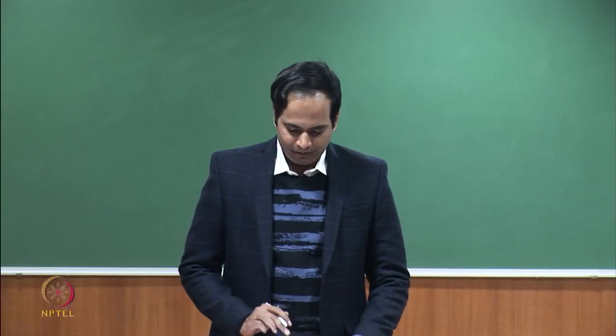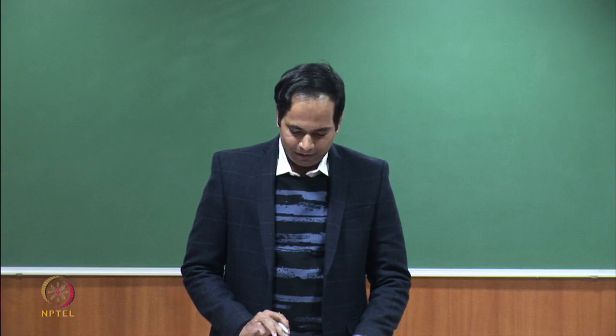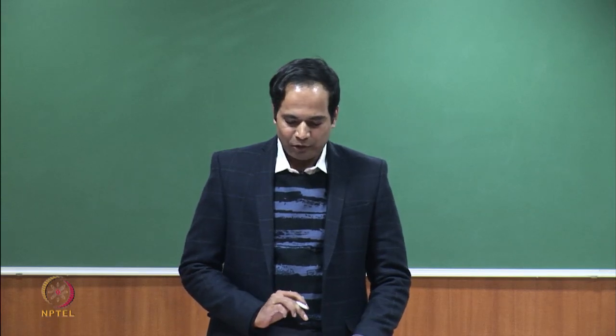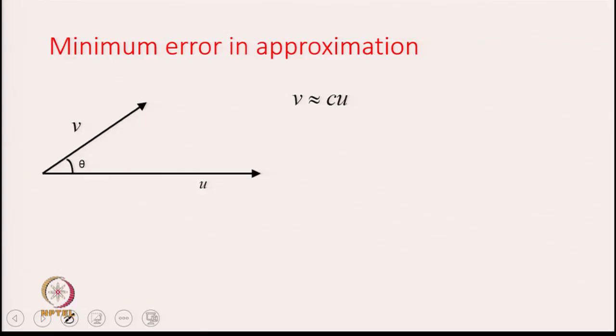Okay. So, let us get started by assuming that I have a vector v and I am trying to approximate this vector v in terms of another vector u, and c is some scalar. The angle between vector v and vector u is theta.